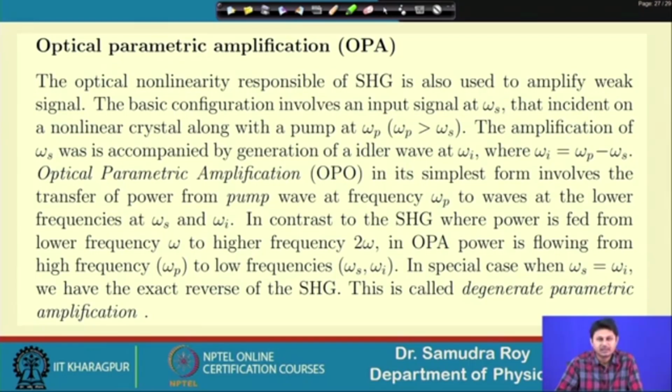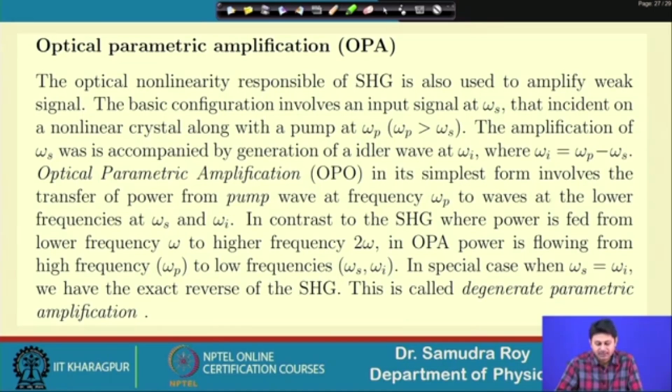So, if I insert an input signal omega s and a pump omega p at the input, normally the pump frequency is greater than the signal, then we find some sort of amplification for omega s. That means I am launching two fields at the input, one is omega p, which we call the pump, a strong field, and with that we also launch another field, omega s, which is the signal.